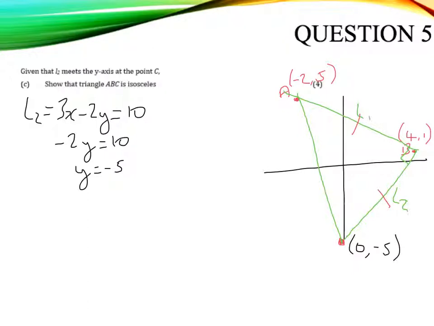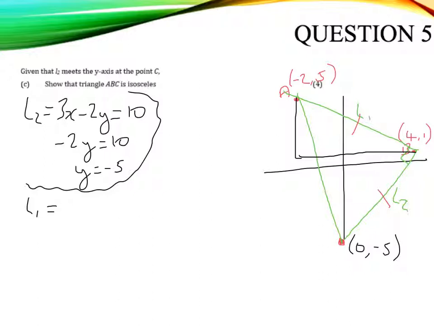So what we're going to have to work out is the length of the two lines, L1 and L2, between the coordinates given. So let's do L1 first. Let's do it over here. This was just an aside, I'll leave that there. So L1, to work out the length of the line, remember we're going to use our friend Pythagoras. We've got, again, enough information to be able to do this.